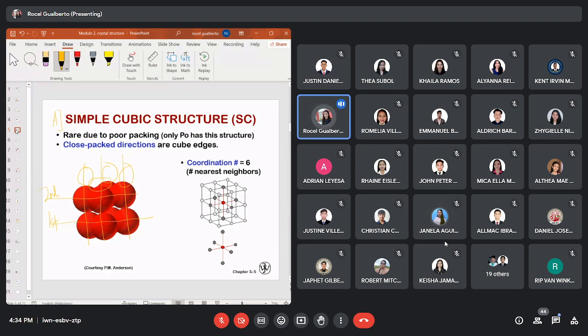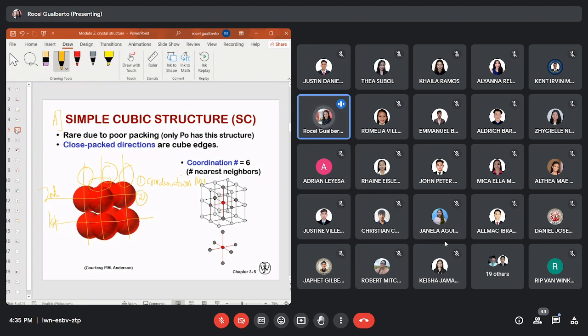Okay. So, with all of these crystal structures, we will be evaluating four parameters. Okay? So, for all the structures we discuss, these four are what we will evaluate. The first one is called the coordination number. Okay? So, what is the coordination number?